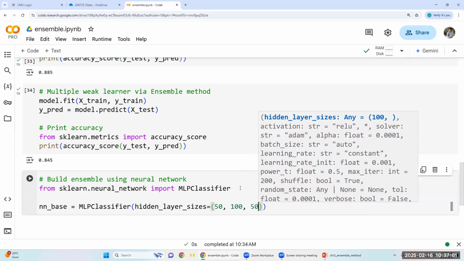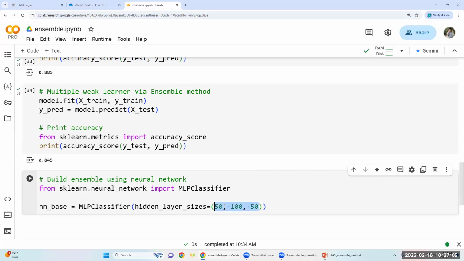So for us, we want to use just 100 perceptrons because we want it to be not sophisticated, because we still want it to be a weak learner.